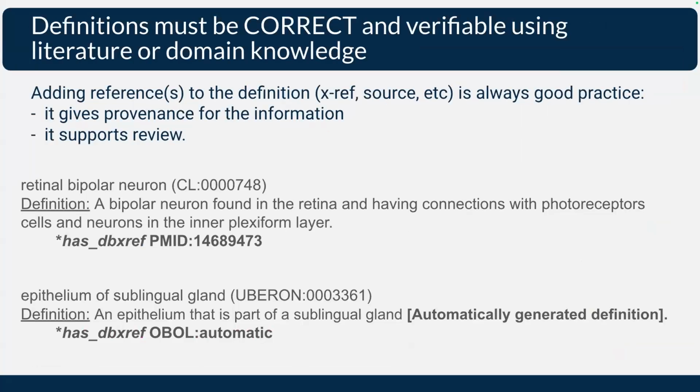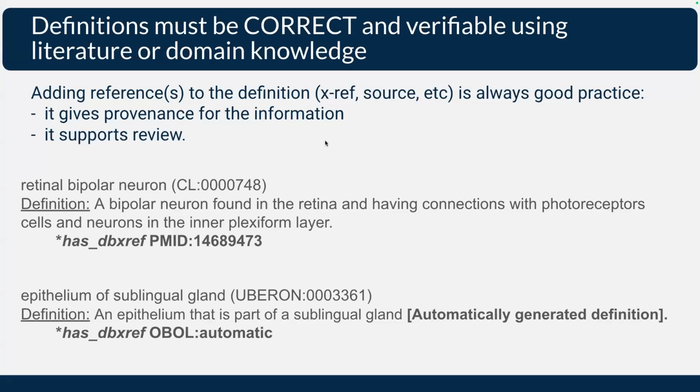Next important or crucial point of a good ontology: definitions must be correct. It seems very obvious, but as science and knowledge change, sometimes some definitions are not correct anymore. So adding references, or different references, to definitions is always a good practice.